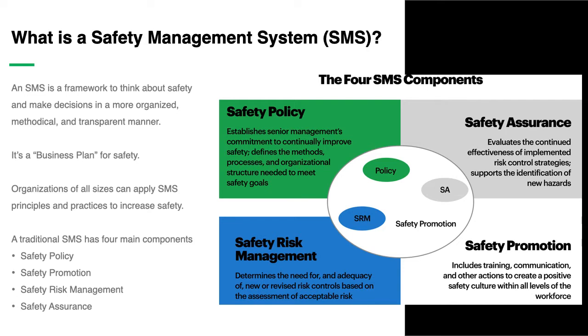And as with a business plan, it's very particularized to your operations and very bespoke to the operations that your organization does. As you can see, the four main components of a safety management system are safety policy, safety promotion, safety risk management, and safety assurance. All of those work together as components of a safety management system. We're going to go into more detail on each one of these components and discuss how they work together.